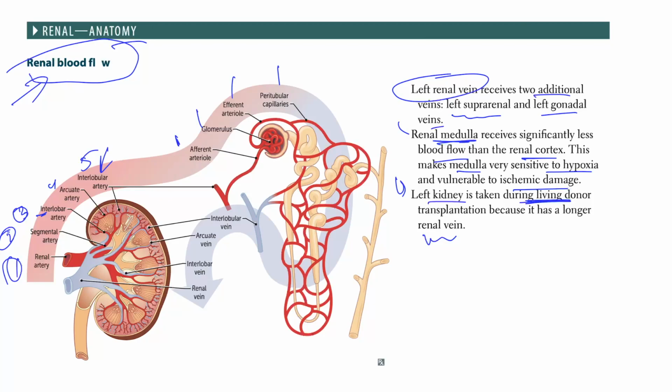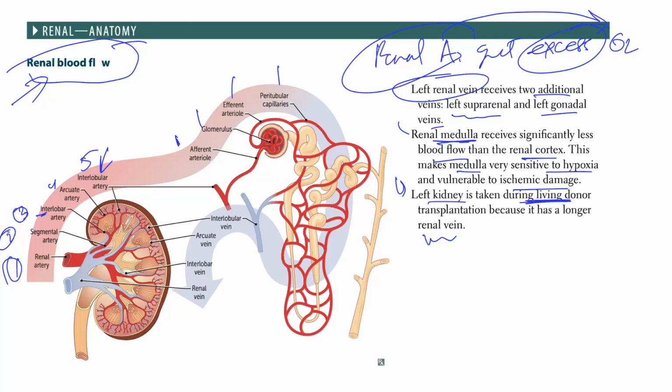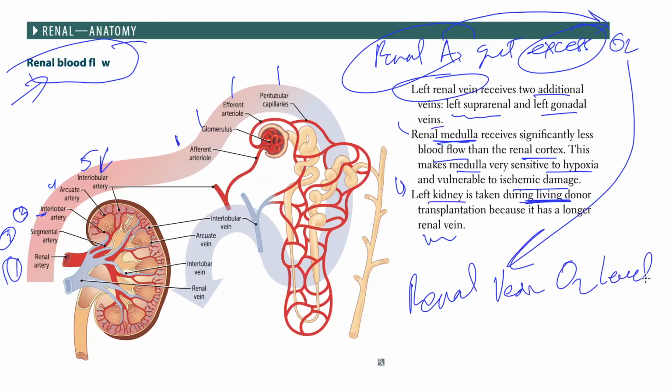One more important point here is the renal artery gets excess O2, so the venous O2 is increased. So when the renal artery has so much O2 and you look at the renal vein O2 levels, they're also increased.